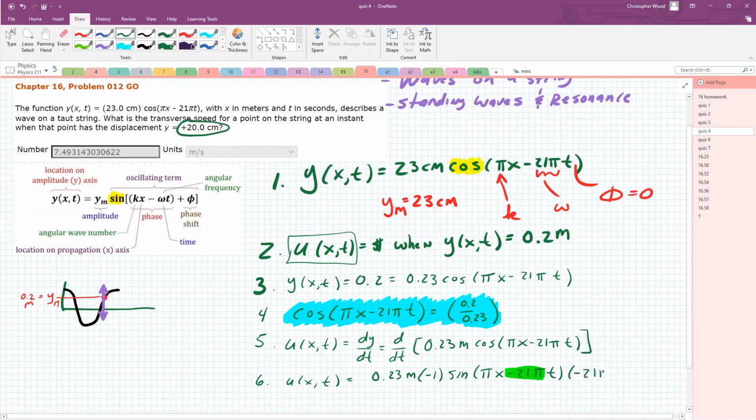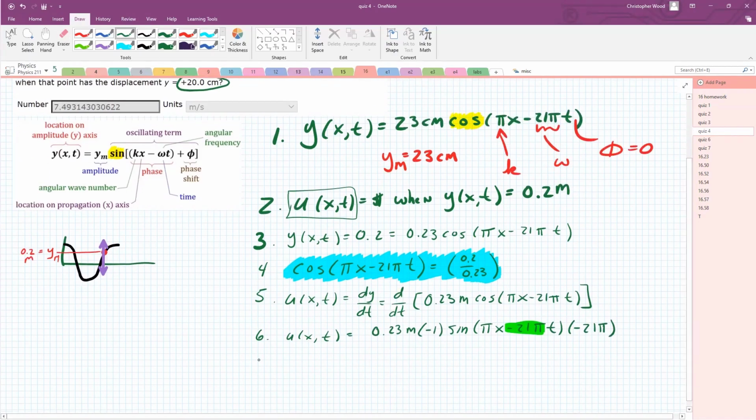Okay, let's simplify that. The transverse velocity function equals, I have a negative times a negative. Okay, so I have 0.23 meters times 21 pi times sine of that argument, pi x minus 21 pi t.